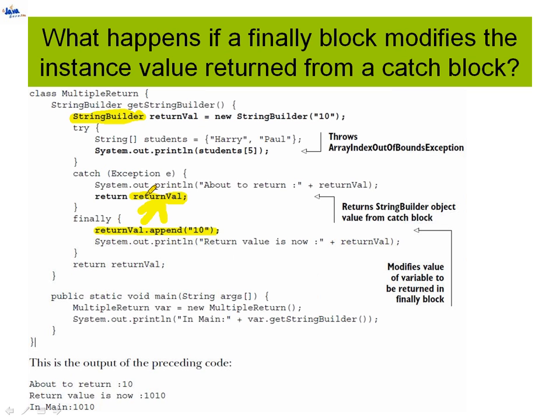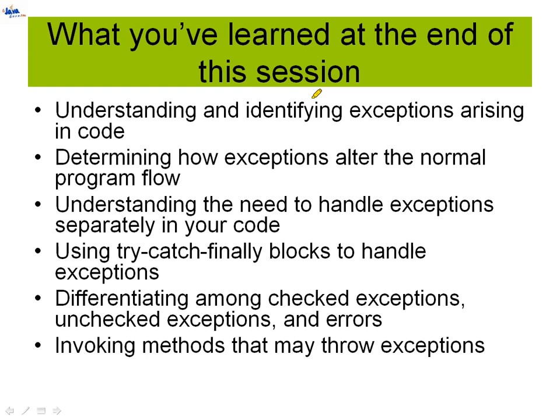When the execution of the main method completes, it gets the value, which appends the value 10 to the initial value. So the return value is now 1010 and not only 0. That's again pass by value and pass by reference. Does that make sense? Yes. Great, great.